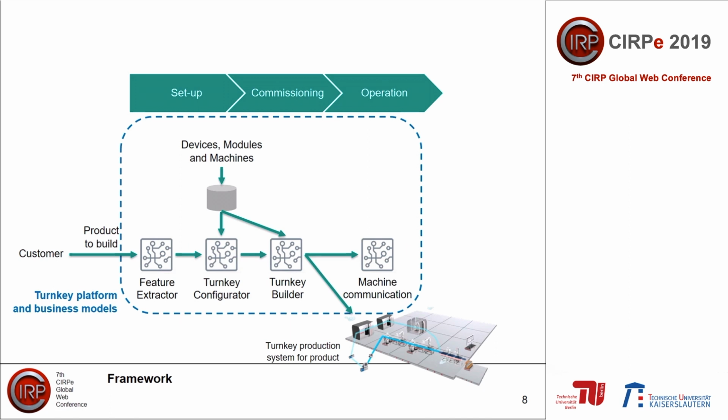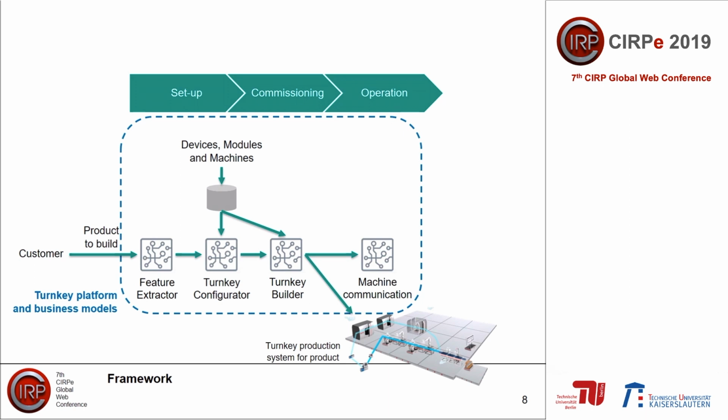The Turnkey Configurator then uses this information to select machines and component modules accordingly. We therefore use a database in which all modules are saved in an easily searchable description format. The Turnkey Builder then generates a visual representation of the selected turnkey production system configuration, which can then be reviewed or changed by the customer.